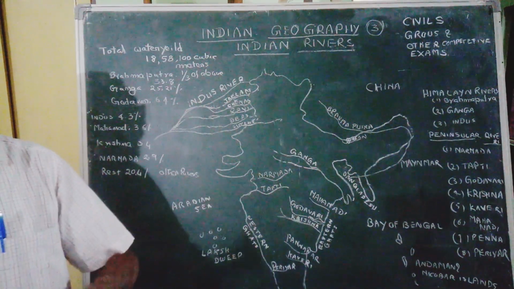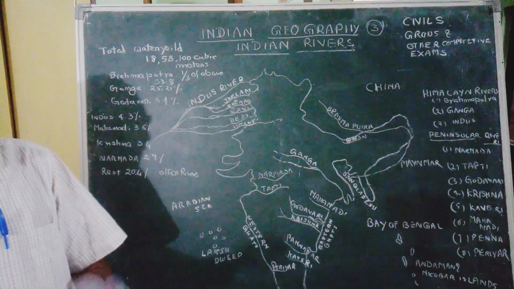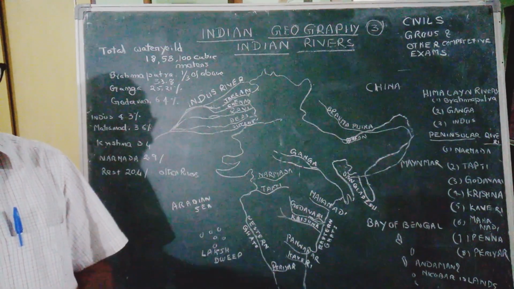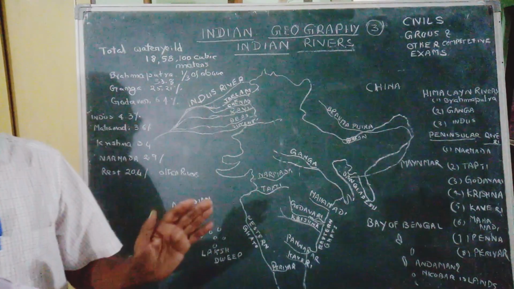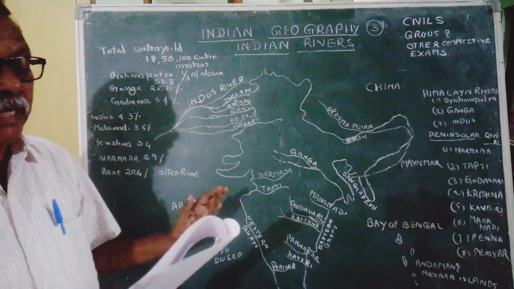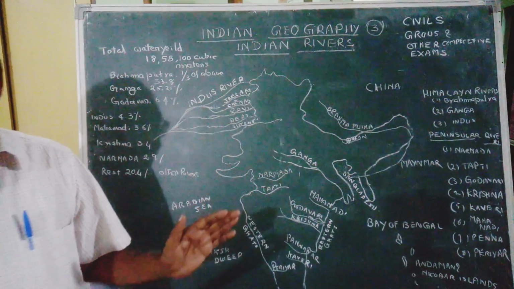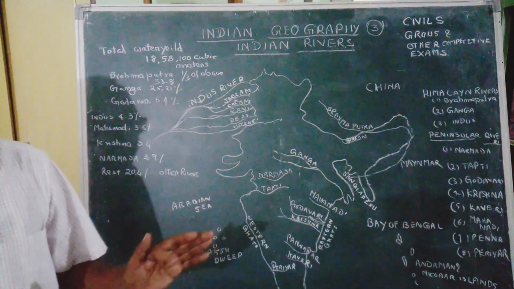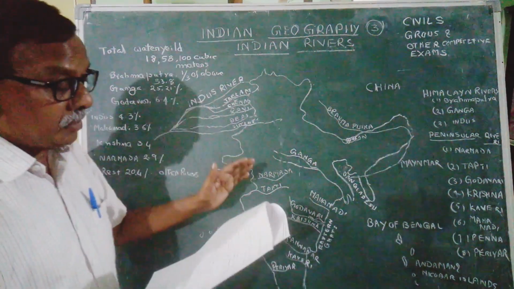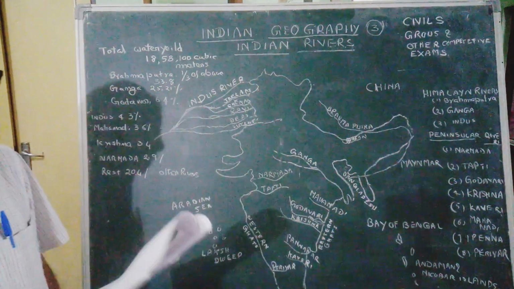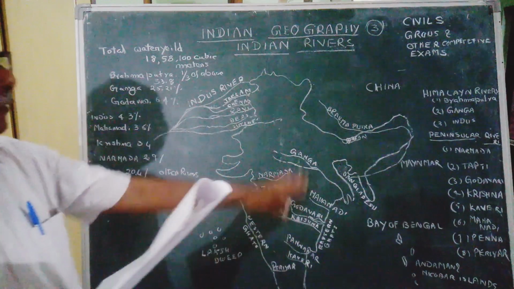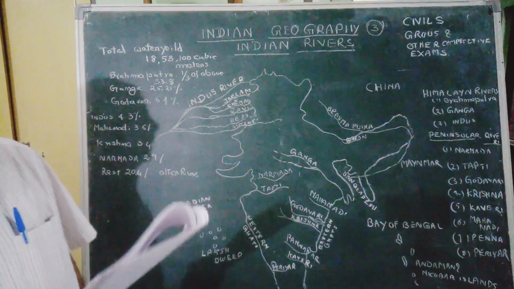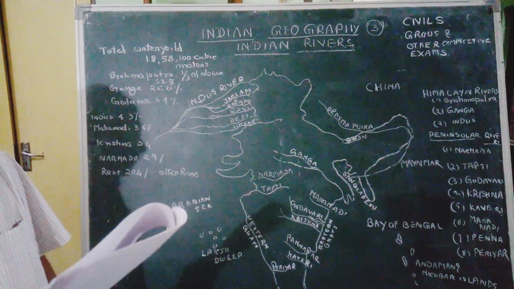It flows through a length of 1440 kilometers. The catchment area of Krishna is 27.4% in Andhra Pradesh and Telangana. Sir Arthur Cotton built a barrage at Vijayawada with a length of 1.2 kilometers in 1852.